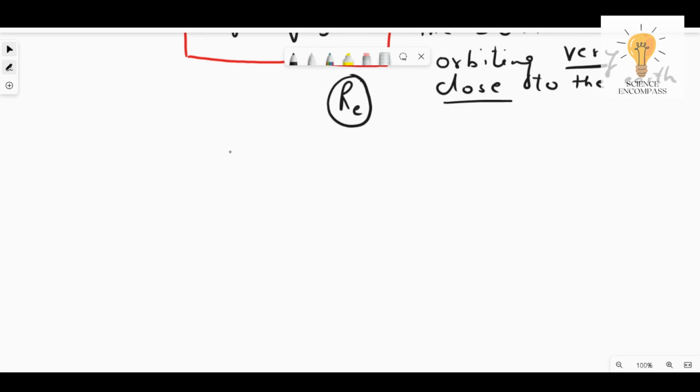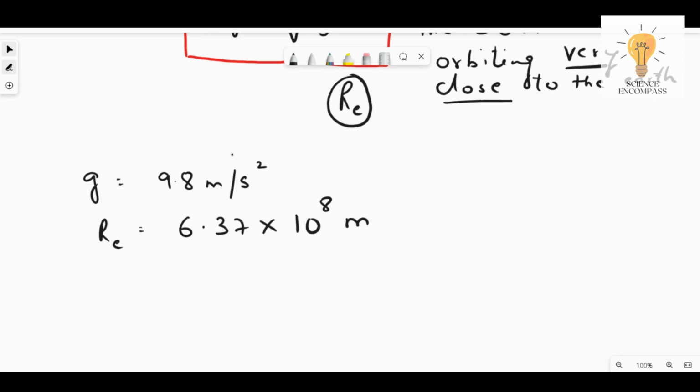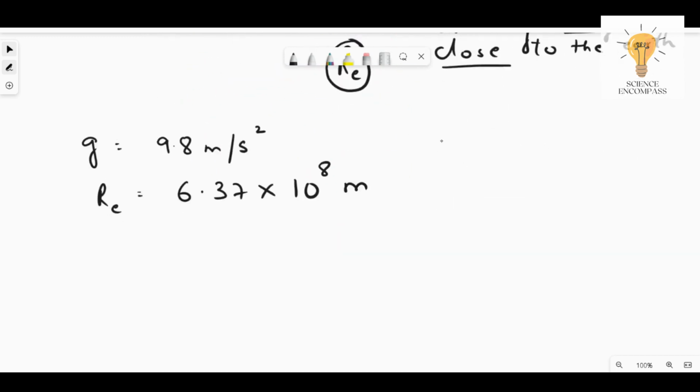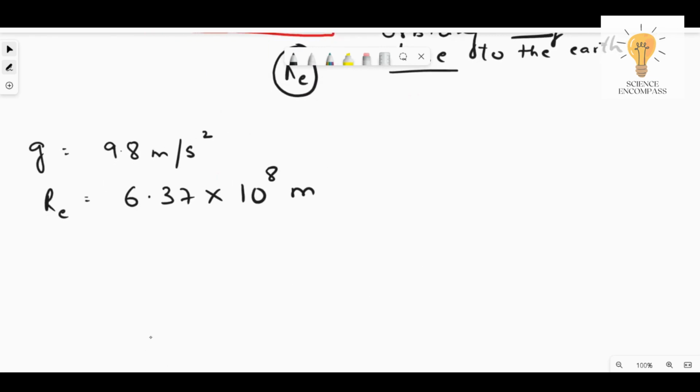We can say that the acceleration due to gravity g is 9.8 meters per second squared. The radius of the Earth is, I think, 6.37 times 10 to the power 8 meters. And now we can just use this formula and plug in.